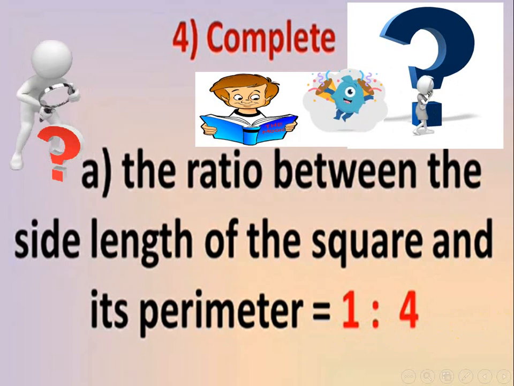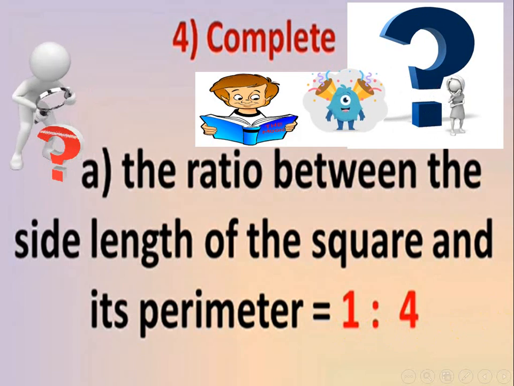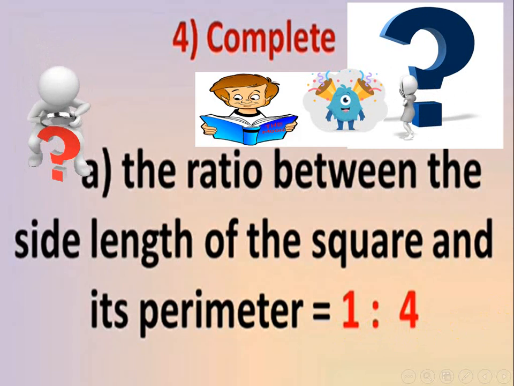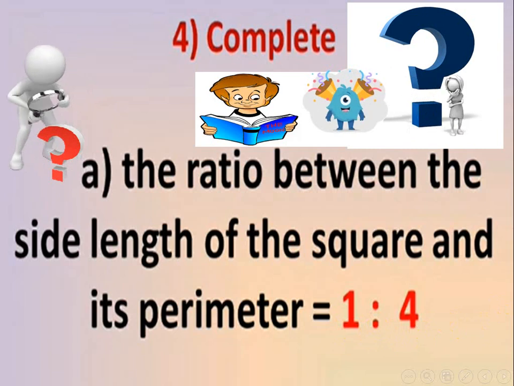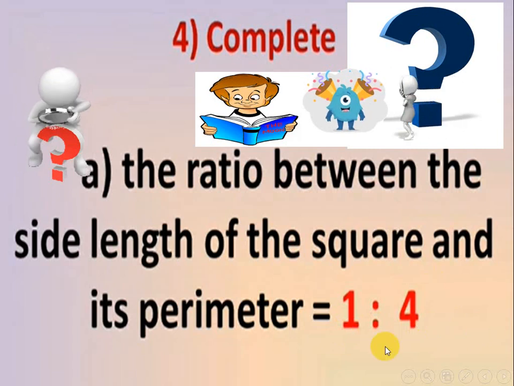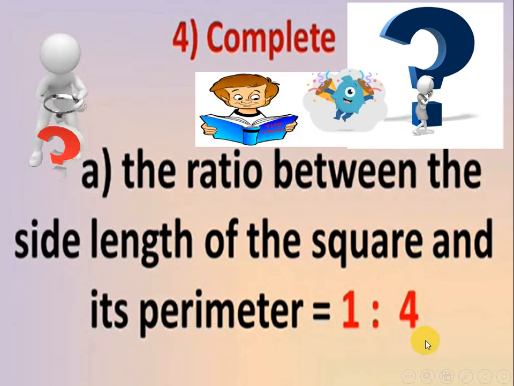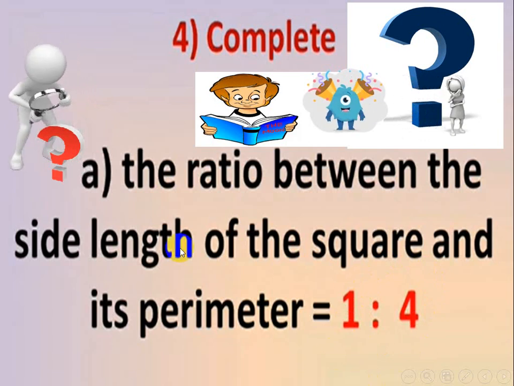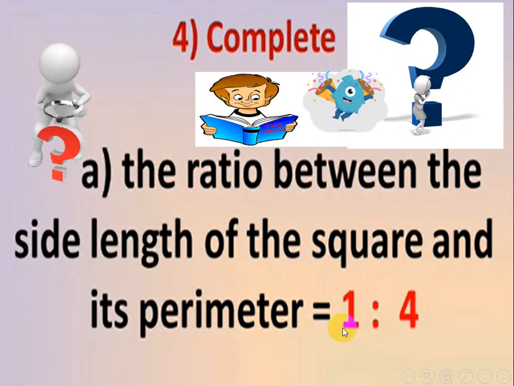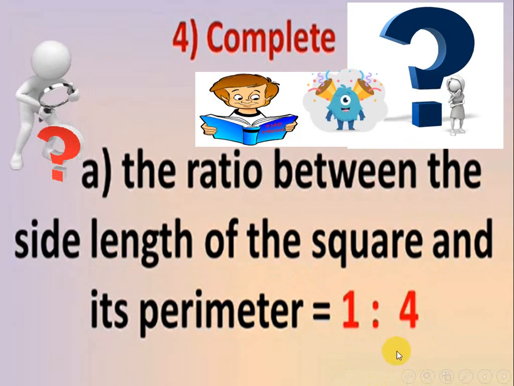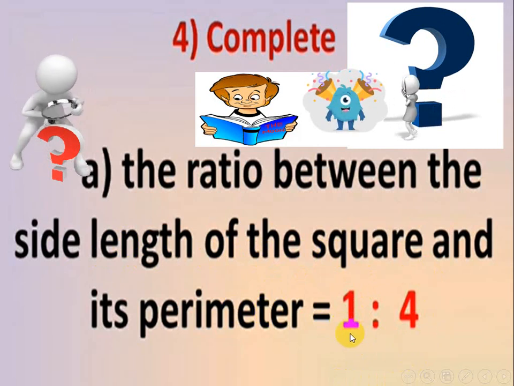If the side length of the square is 2, the perimeter of the square will be 8. 2 to 8 in the simplest form will be 1 to 4 also. So the ratio between any side length of the square and its perimeter will always be 1 to 4.